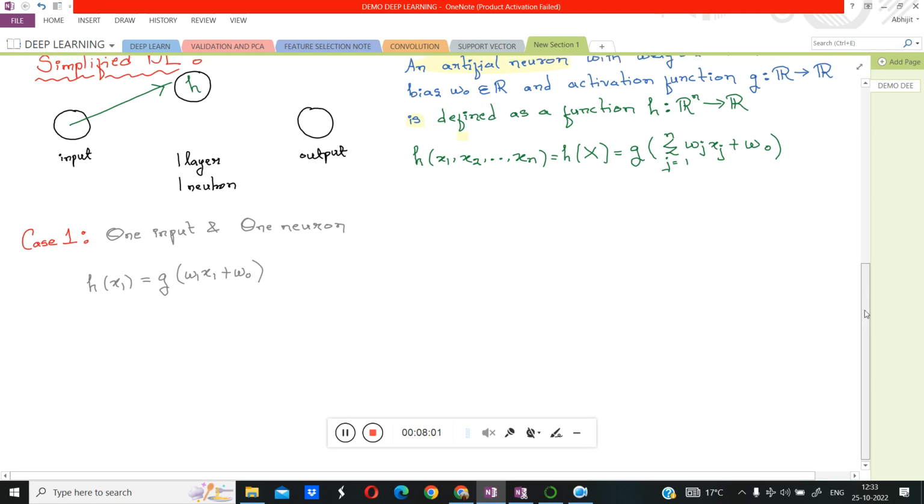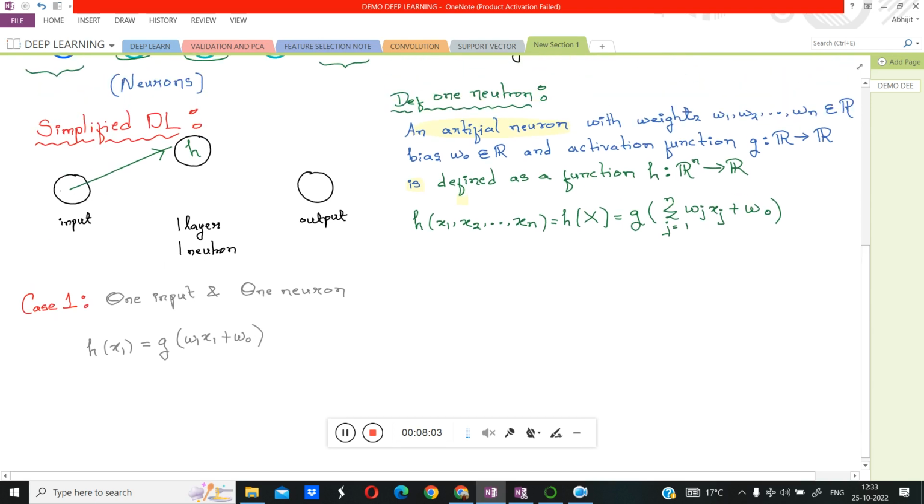In the diagram, your input x1 goes inside the neuron, we take not x1 but some weight multiplied with x1, and then we put it inside h along with a bias w0, and the activation function is here.